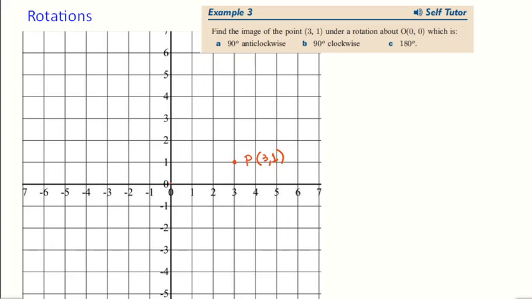If you rotate this point 90 degrees anti-clockwise, you could visualize a triangle, right? Because the point would be here. If you can see that, that's fine. If you cannot, take a look. We have just a triangle.